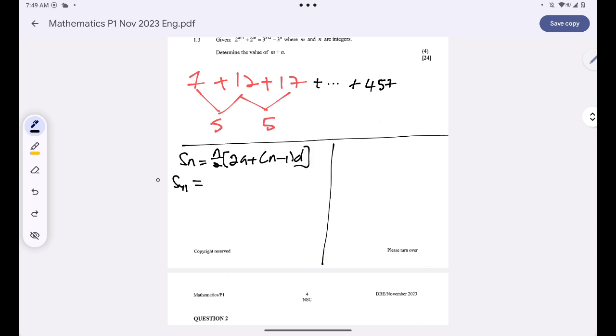Sum of the first 91 terms, right? Which simply means that my n is 91. The value of a is 7. 91 minus 1. The value of d is 5.